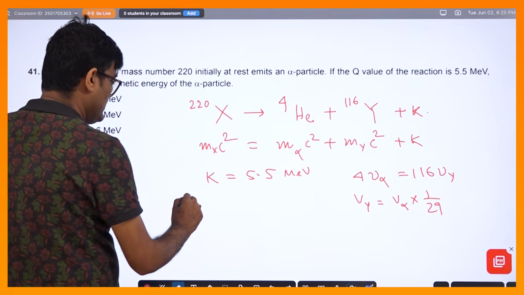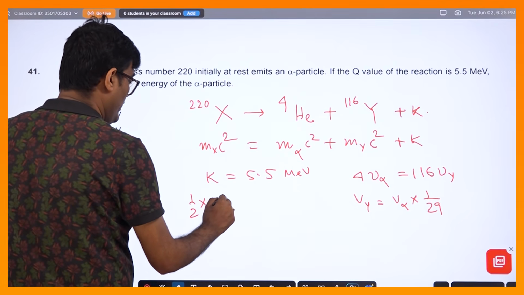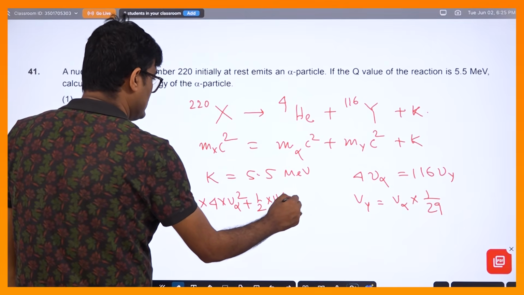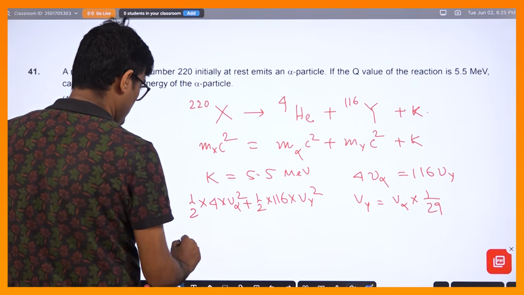What is the kinetic energy? Kinetic energy is half into 4 into V alpha square plus half into 116 into Vy square.